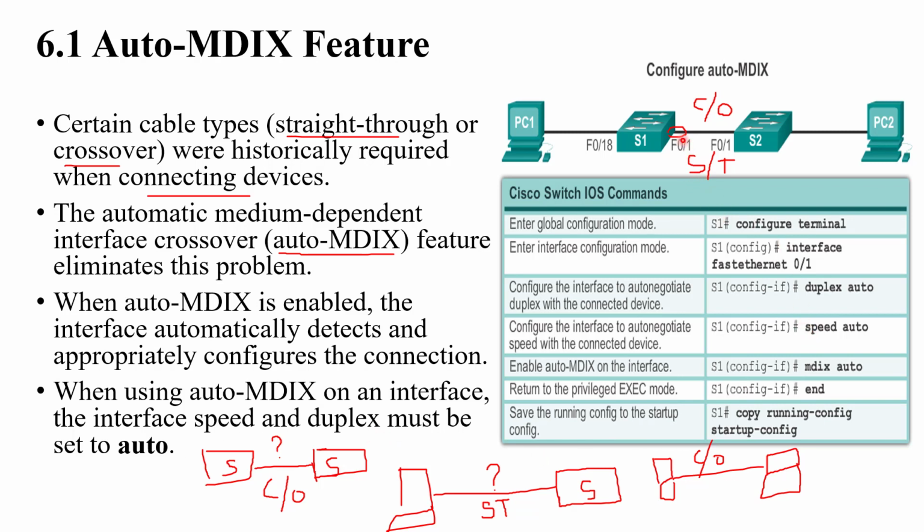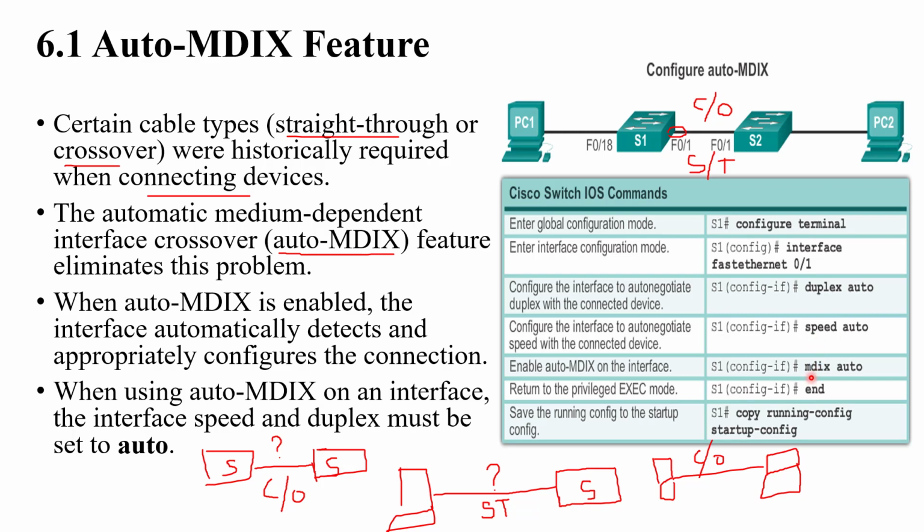So I'm going to this switch. I go to interface FastEthernet 0/1. I'm going to make duplex auto. We already studied what duplex is. Speed also, I'm going to make it auto. I'm not fixing 100, 200 like that; I fix it auto.